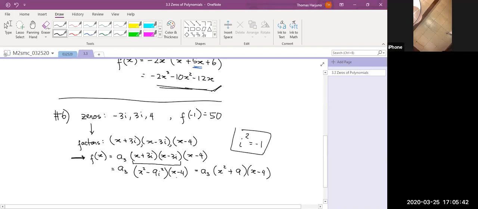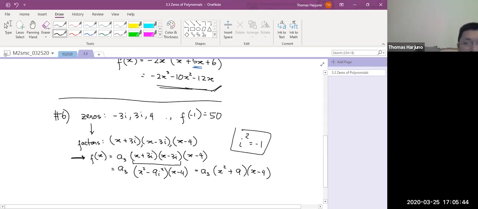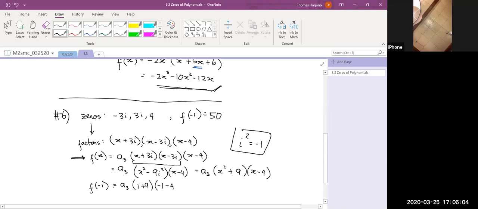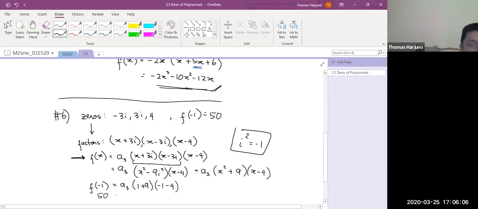Let's find out what a sub 3 is. f(-1) is a sub 3 times (-1) squared plus 1, which is 50, equals a sub 3 times 10 times negative 5, which is negative 50 a sub 3.